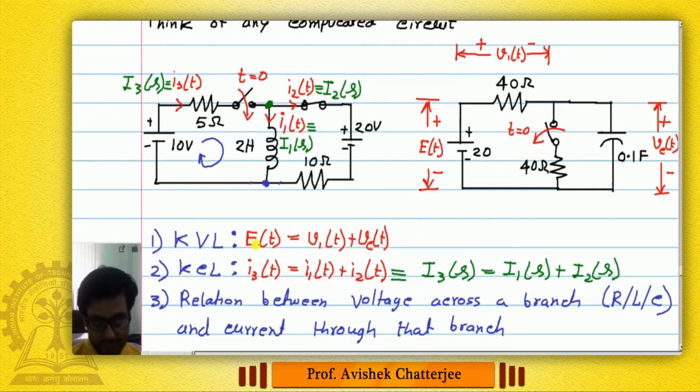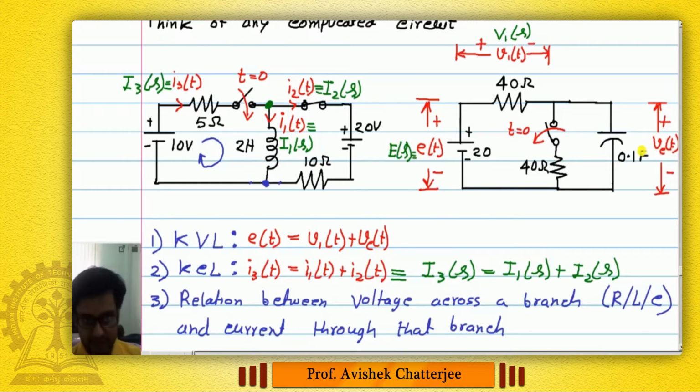Now, instead of writing this equation among some functions of time, we will write an equation among their Laplace transform. Suppose the Laplace transform of this voltage is capital V1(s). Laplace transform of this voltage is, let me use small letter here, okay, here also small letter, then Laplace transform is capital E(s).